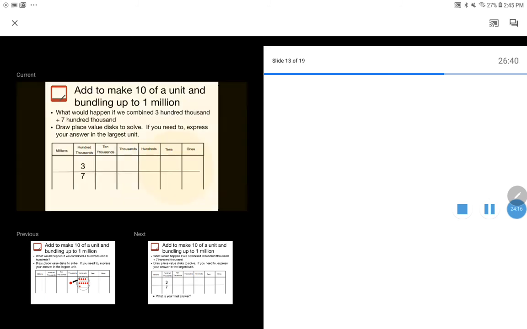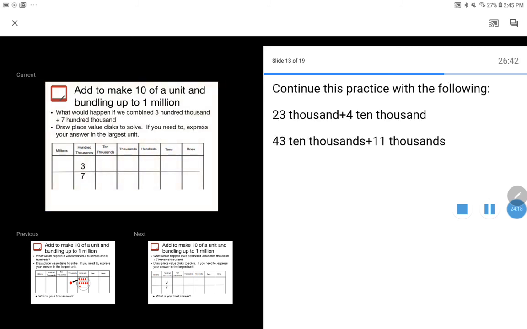All right, what would happen if we combine 300,000 and 700,000?